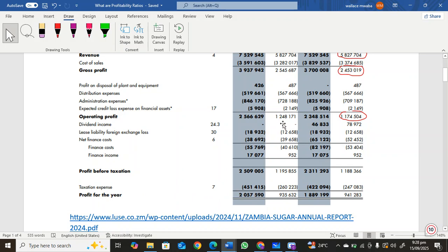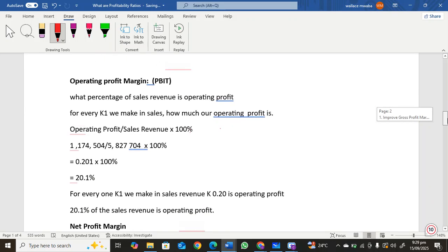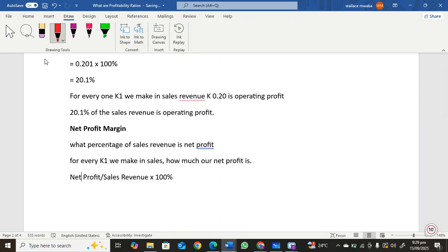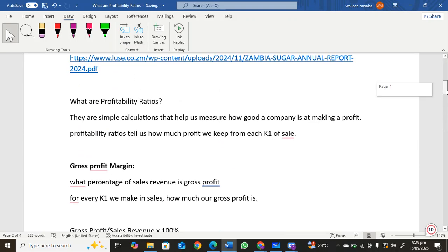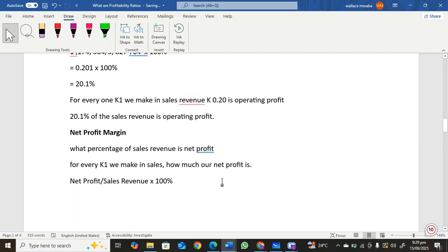We have it here, 941,283. That's the net profit for 2023, divided by sales revenue.